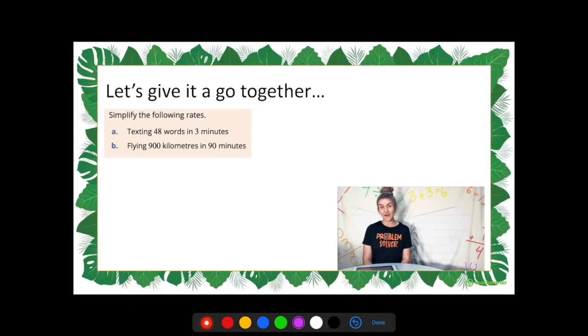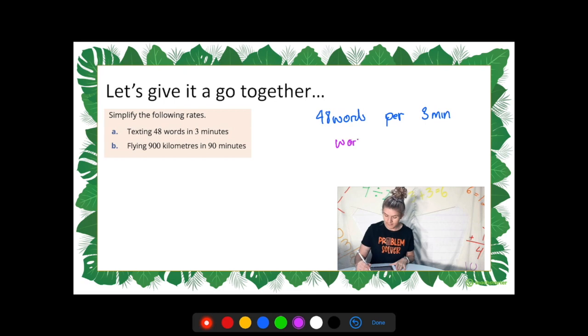All right, let's have a go at simplifying some rates together. Firstly, I have texting 48 words in 3 minutes. Whenever we're simplifying a rate, we have to bring it down to that unitary method. So I'm going to write here 48 words per 3 minutes. Then what I need to do is have that second value, the minutes, be 1.